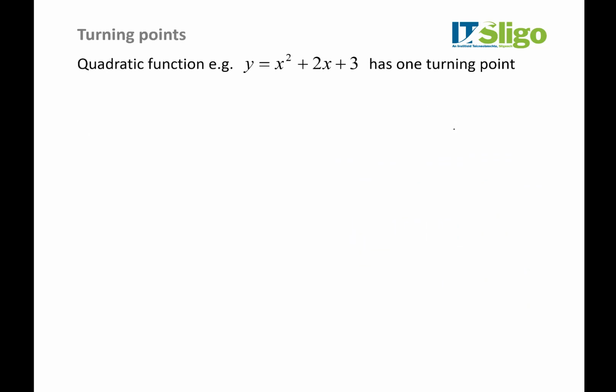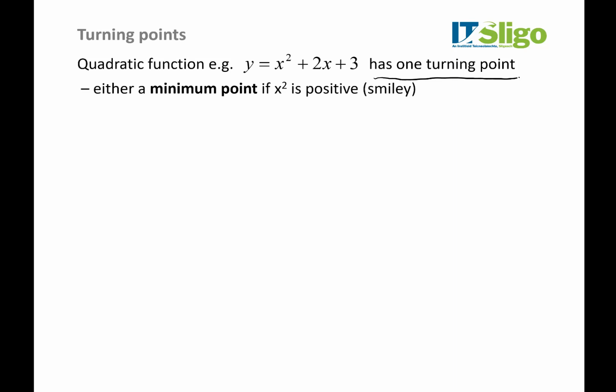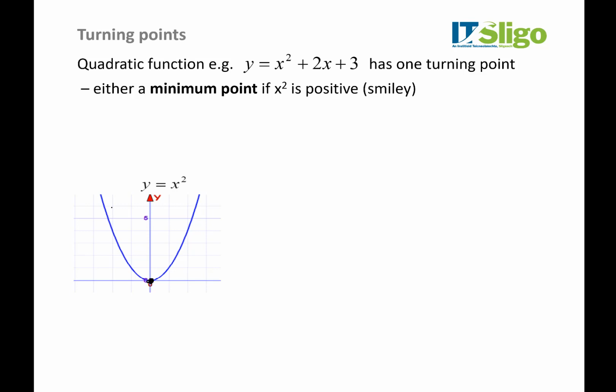Quadratic function, say y is equal to x squared plus 2x plus 3. A quadratic function has one turning point. It's either a minimum point if x squared is positive. Remember, positive x squared gives us a smiley curve. So this is the turning point, where the slope stops being negative and starts being positive.